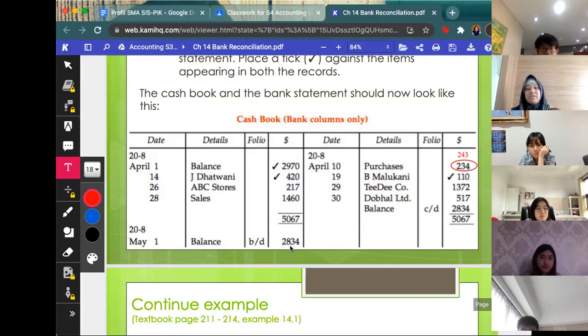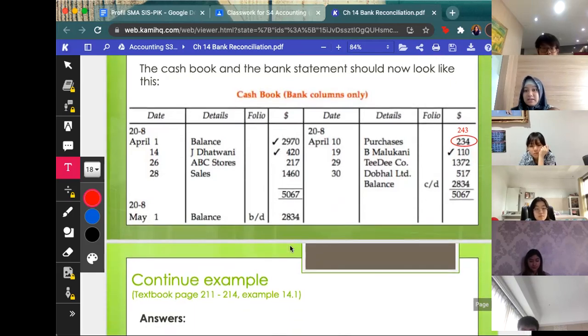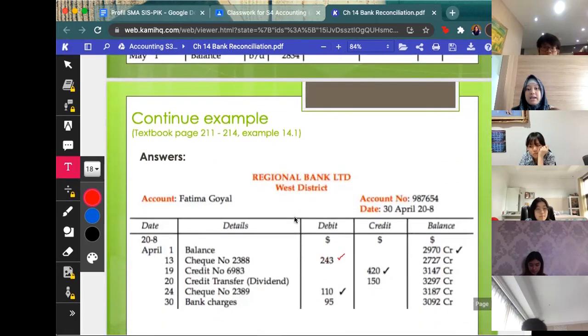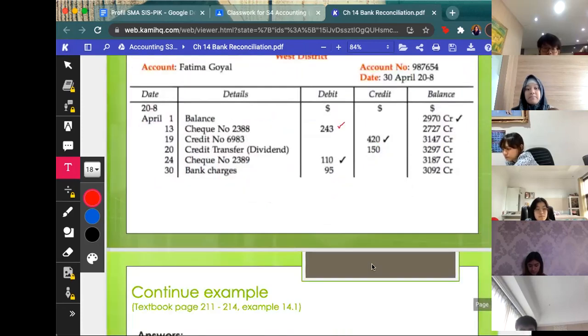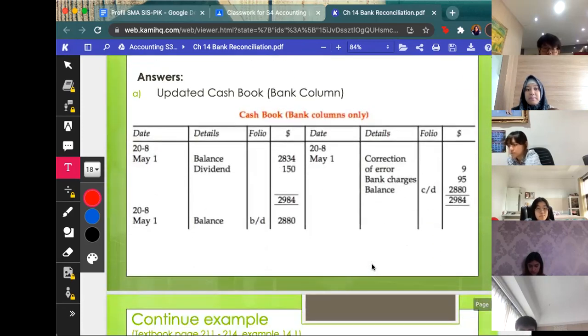So how do we make the updated cash book? I repeat once again: take the latest balance, and then take these two transactions that have not yet been recorded in the cash book, and put those transactions here.